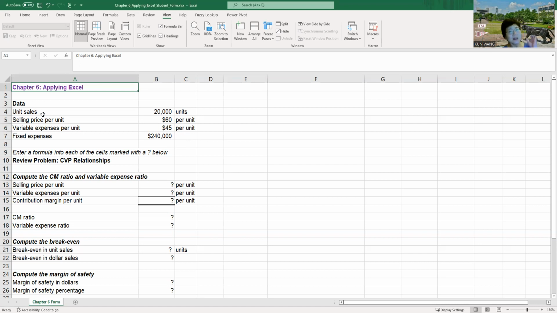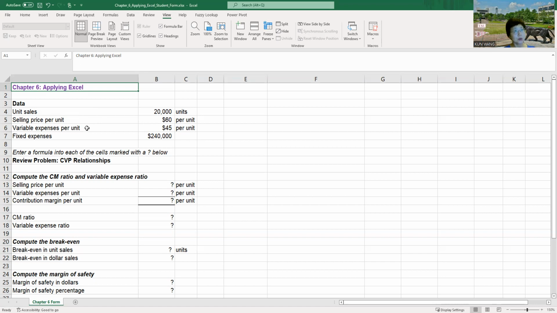Similar to the first Excel work in chapter 2, where we worked on a job order costing system, this one is a CVP analysis. Assume I'm the CFO, accountant, or manager of the company.